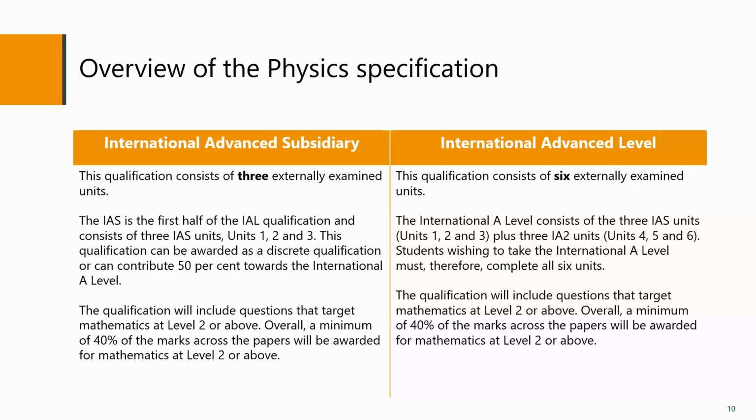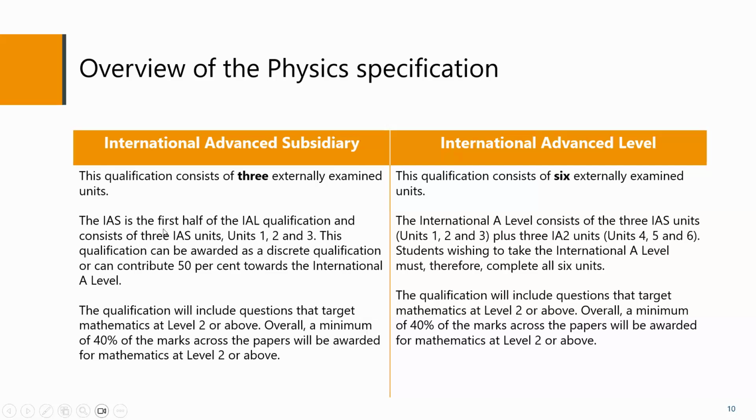It can be awarded as a discrete qualification, or it can contribute 50% towards the full A level, and the majority of students do go on to do the full advanced level, but a significant number stop at the end of the AS. The qualification will include questions that target maths at level 2 or above, and overall a minimum of 40% of the marks across the papers will be awarded for mathematics at level 2 or above. So as you'd expect in an advanced physics course, there is a large mathematical content. For the international advanced level on the right of the screen, the qualification consists of 6 externally examined units.